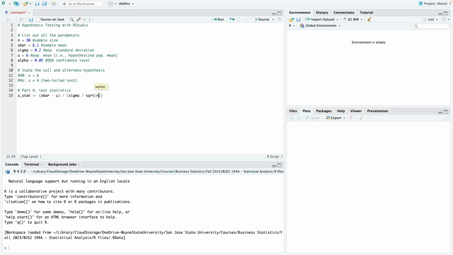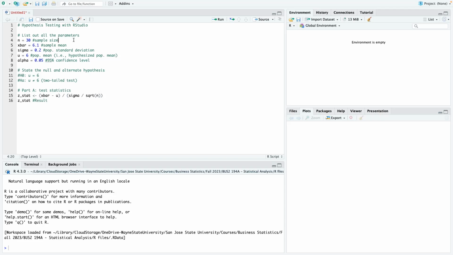X bar is our sample mean, mu is our population mean, sigma is our population standard deviation, and n is our sample size. So basically, if you call out Z stat, this would spit out the result.